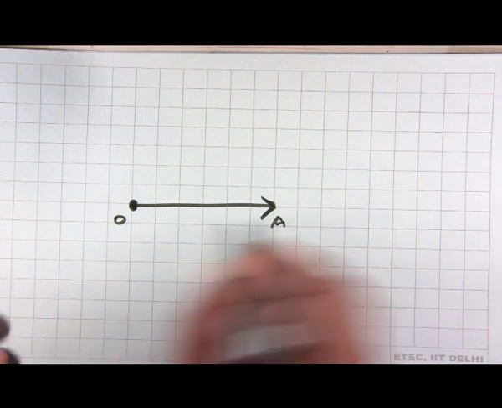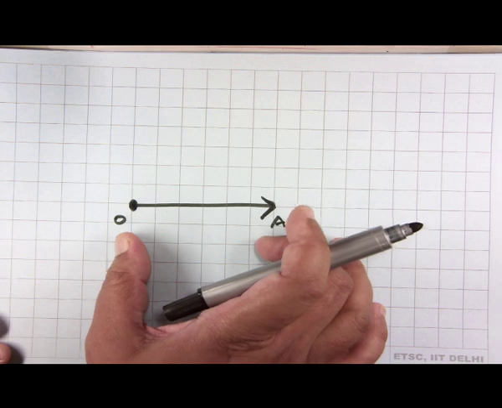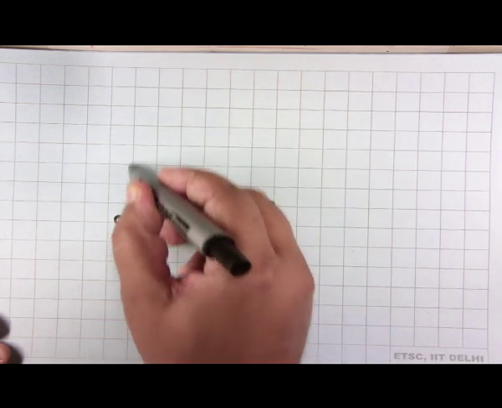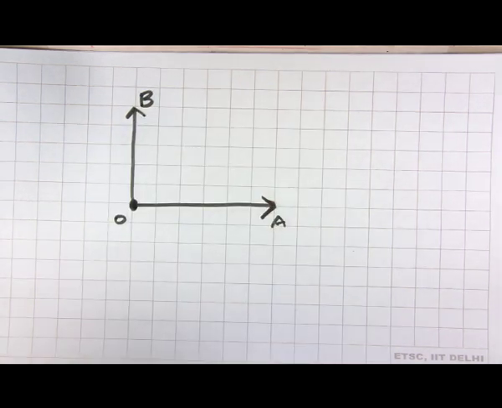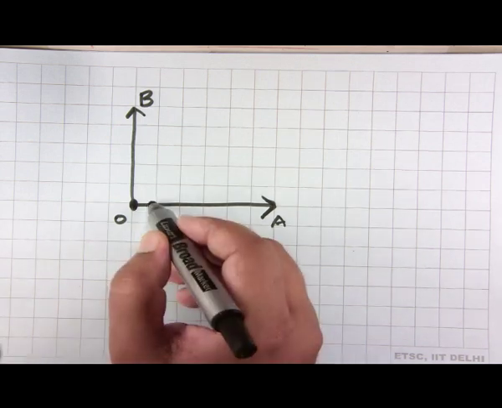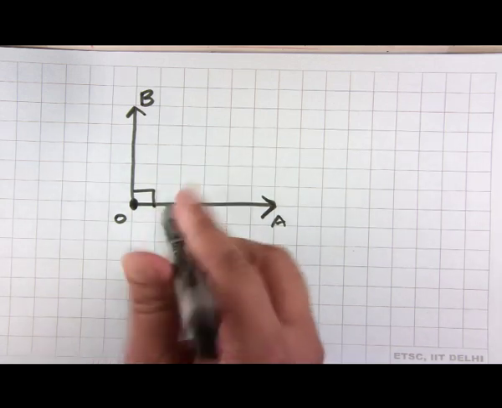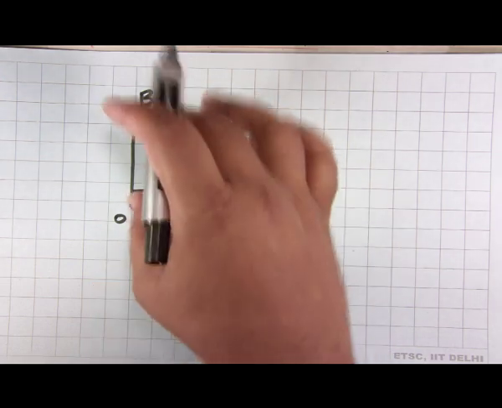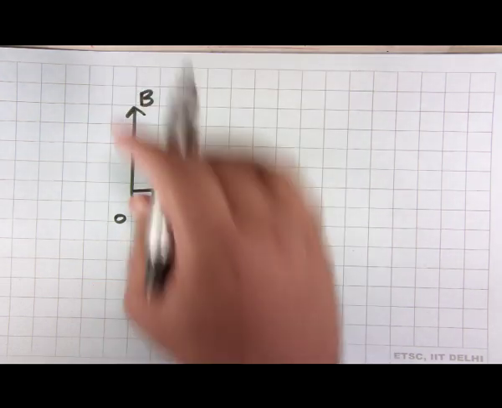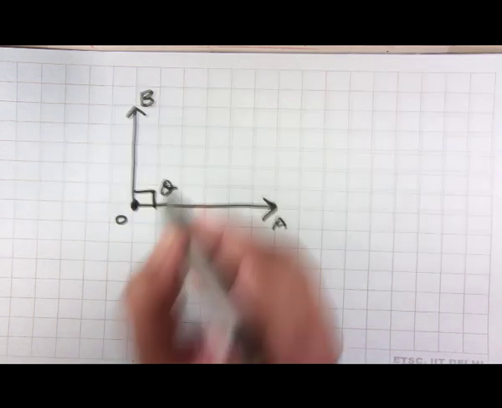For example, if we go from this OA, which is lying down horizontally, to let us say OB, which is standing upright, and we look at this angle here, let us say that this angle is equal to theta.